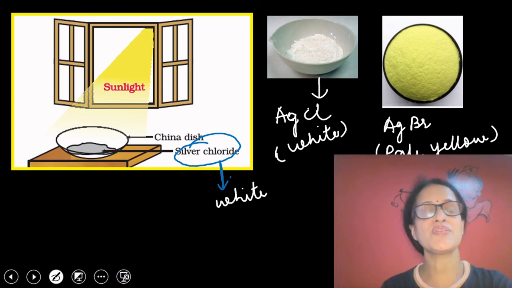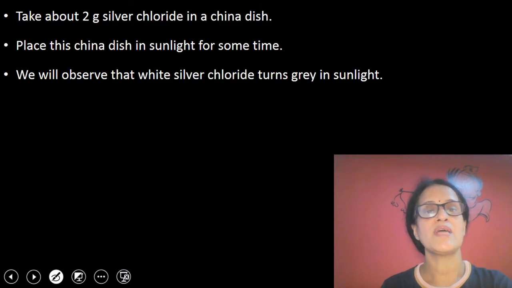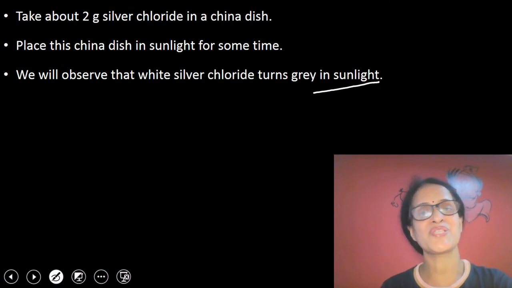These decomposition reactions which are taking place in the presence of sunlight are called photolytic decomposition reactions. The activity which I have discussed with you just now is written here in this slide. You will observe that white silver chloride and pale yellow silver bromide turn grey in the presence of sunlight.